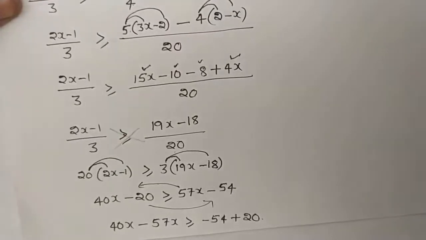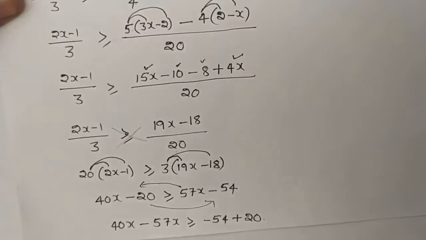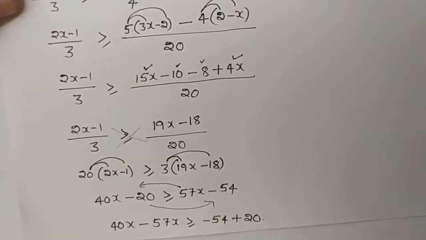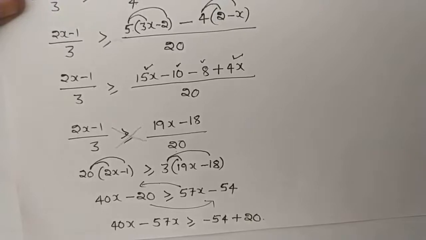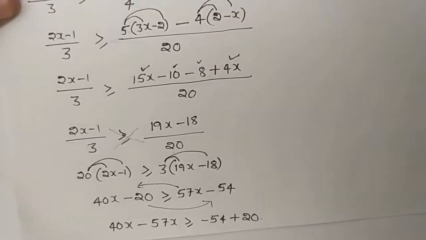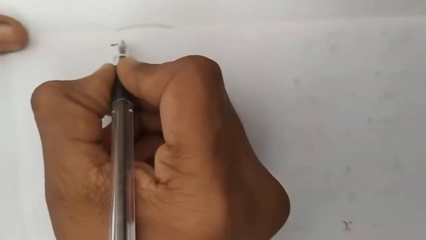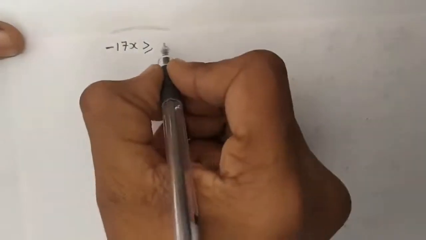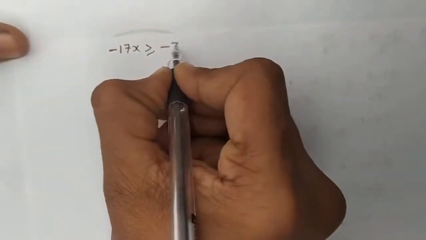What about the right side? Minus 54 plus 20 is minus 34. So minus 17x is greater than or equal to minus 34.